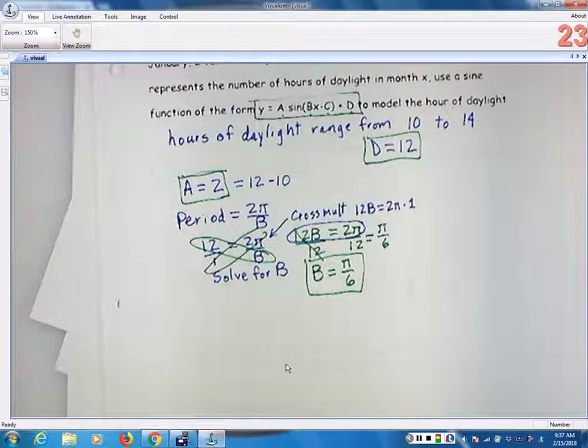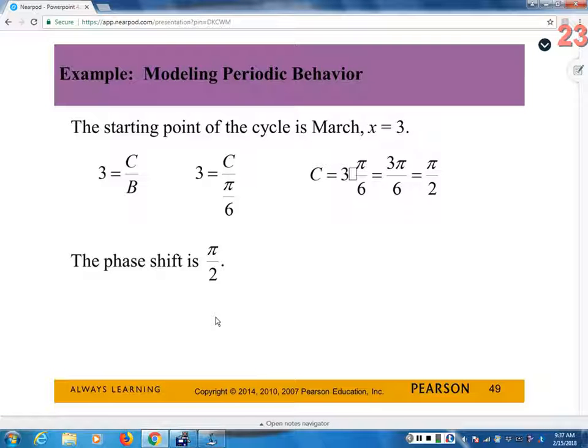Now, the starting point of the cycle is March. And let's see, our new filled in notes explain why that was March. Because it's a sine function, we said it was, so x equals 3 is our starting point.